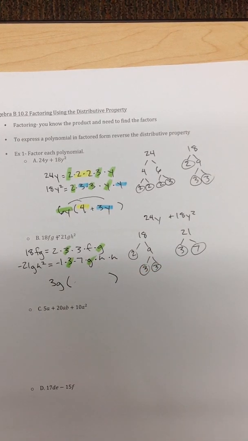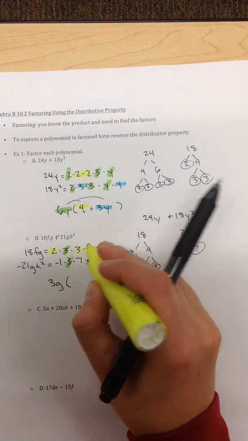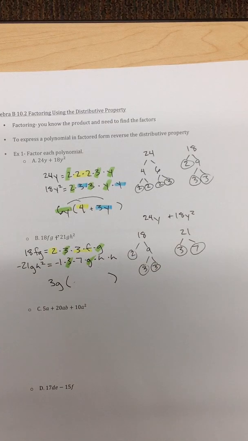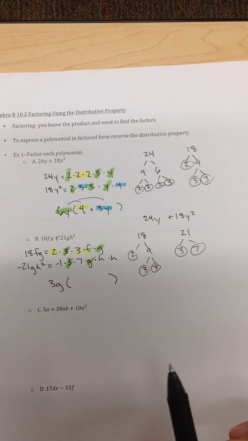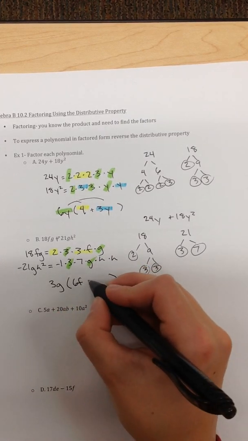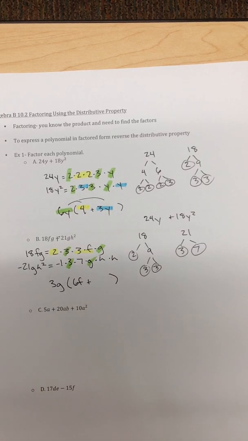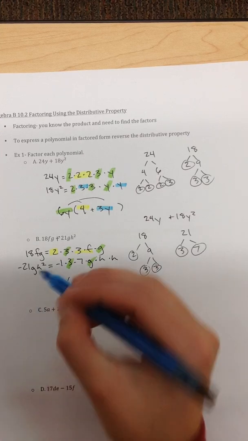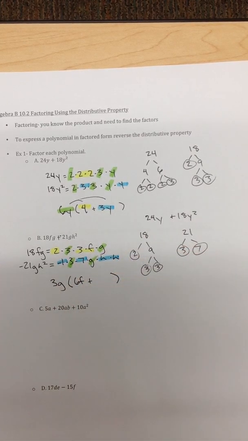So like if I look at the 18 there, the things that would be left would be the 2, the 3, and the F. So if I take 2 times 3 times F, 2 and 3 is 6, times F would be 6F. And then you can either go plus here or minus, because we're going to have a negative that we pull out of this. So like here, we're going to pull a negative 1, 7, and then 2 H's there.